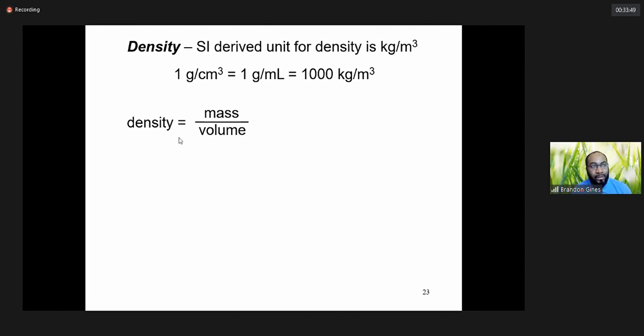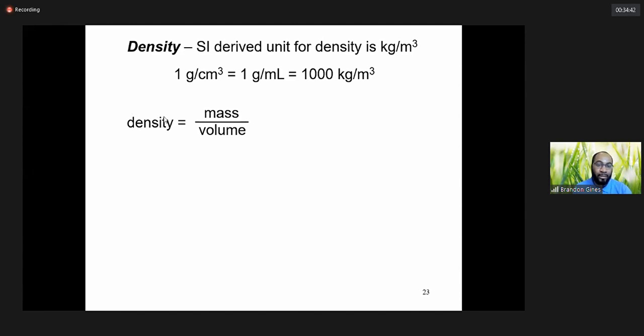In a research setting, especially in my area, it's important to know the density of different solvents and liquids that we use in order to extract particular compounds. Compounds in a mixture will separate based on how dense they are, and if you can separate out compounds based on their density, you can isolate particular compounds which may be of interest for drug therapy reasons, or antimicrobial reasons, or things of that nature.